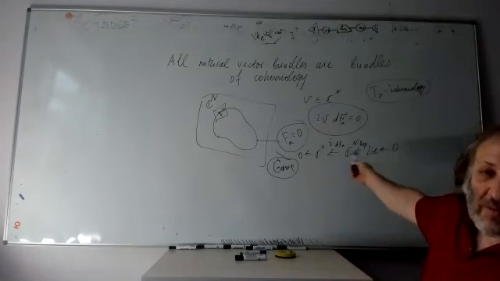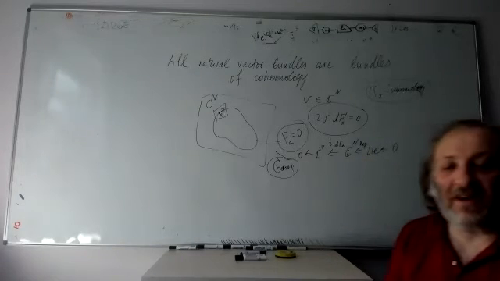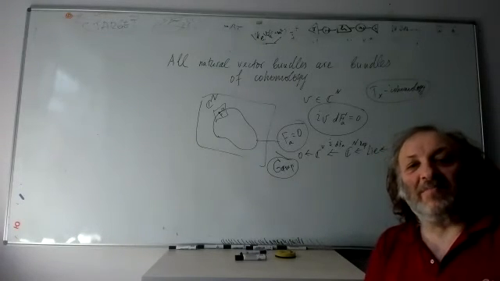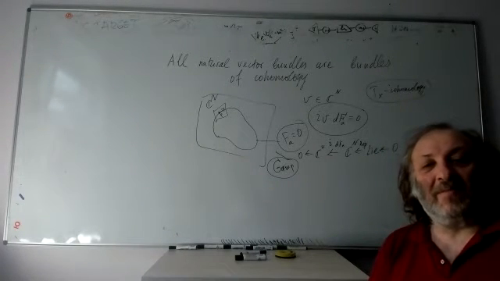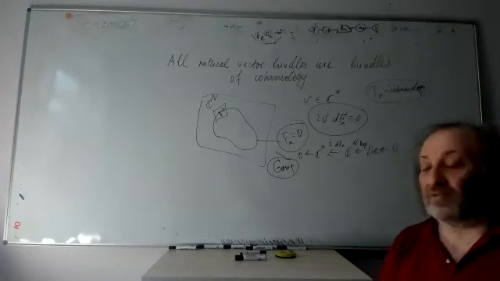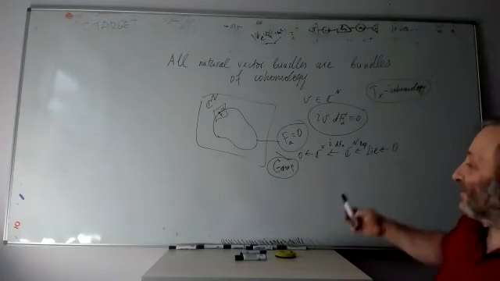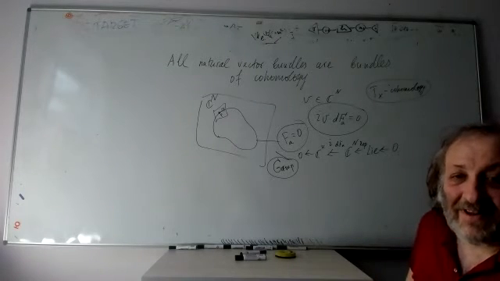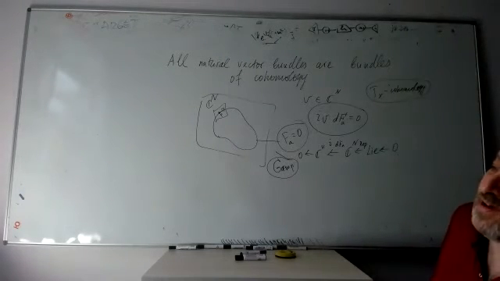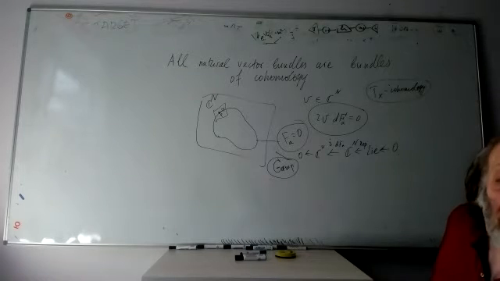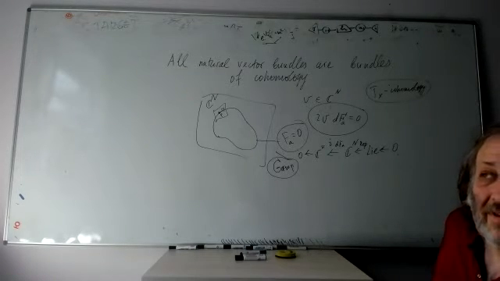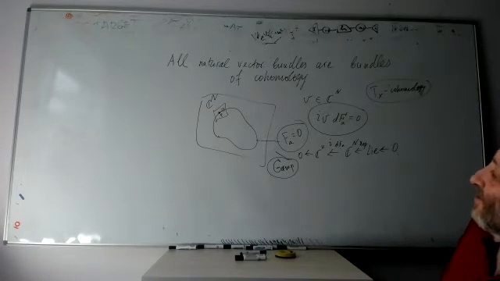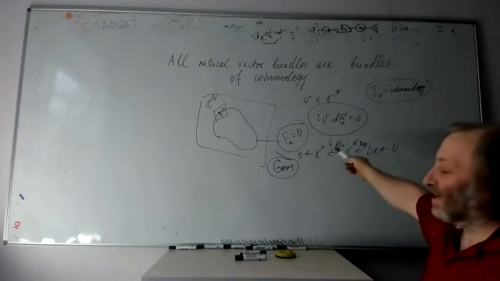By the way, if you keep this in mind, you may say, Pasha, that from this construction, sometimes you can get not bundles, but sheaves. Because the rank could jump. You can start having cohomologies here or here. And you may think that it's okay, that what we call natural bundles could have such phenomena.